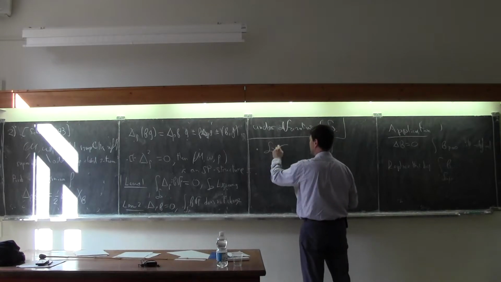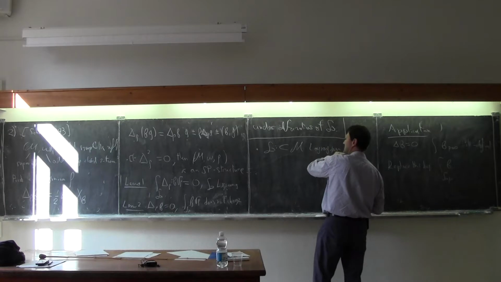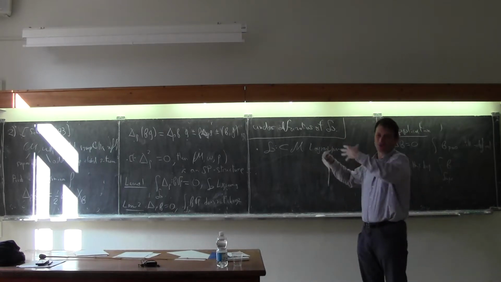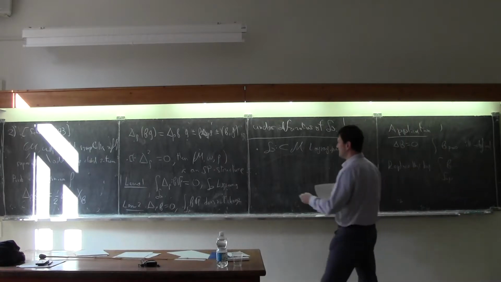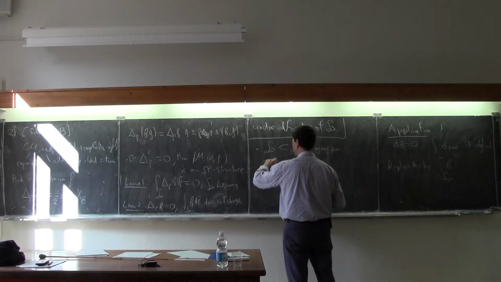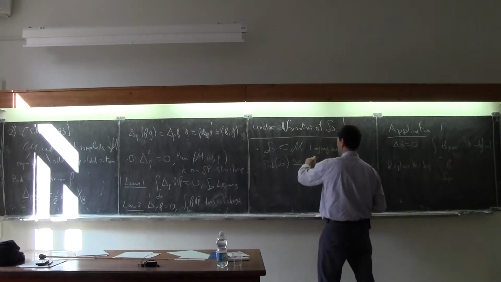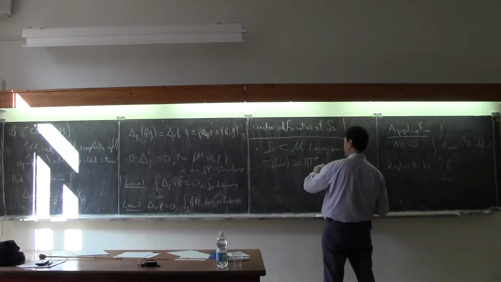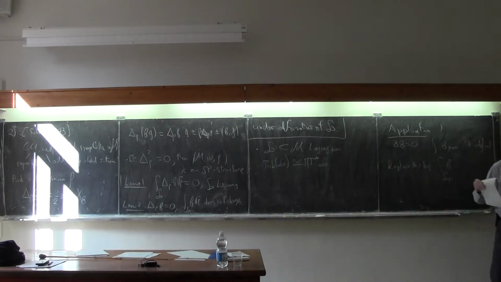Suppose that L is Lagrangian inside M. Then you have the supermanifold version of Weinstein's tubular neighborhood theorem, namely that you can identify the tubular neighborhood of L with its odd cotangent bundle.